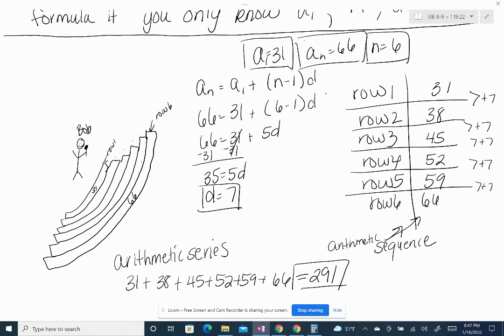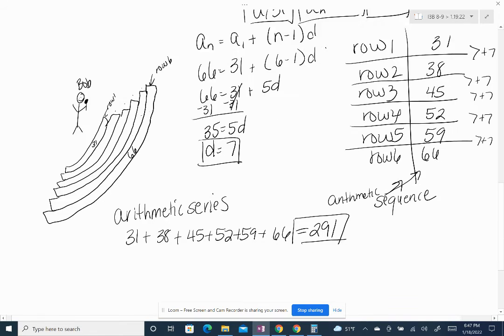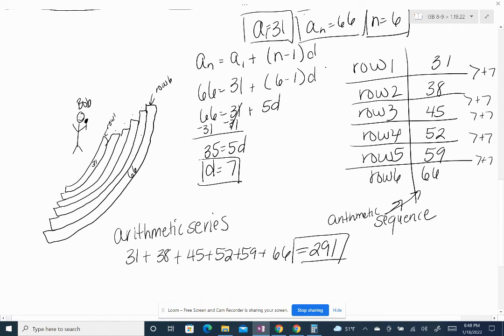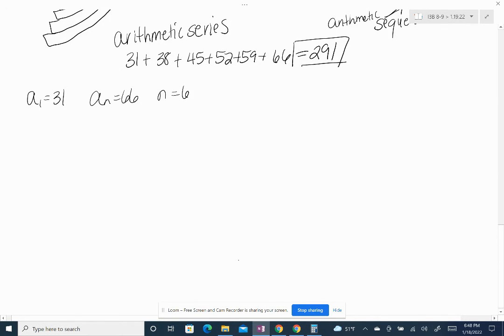Okay, so that was a lot of steps to find how many add up. Let's try our formula and see how much easier it is. So I'm going to rewrite what we know. So a1 is equal to 31. an is equal to 66. So these are exact same numbers as on top of the screen right now. I'm just going to rewrite them so when I lower the screen, we can see it.